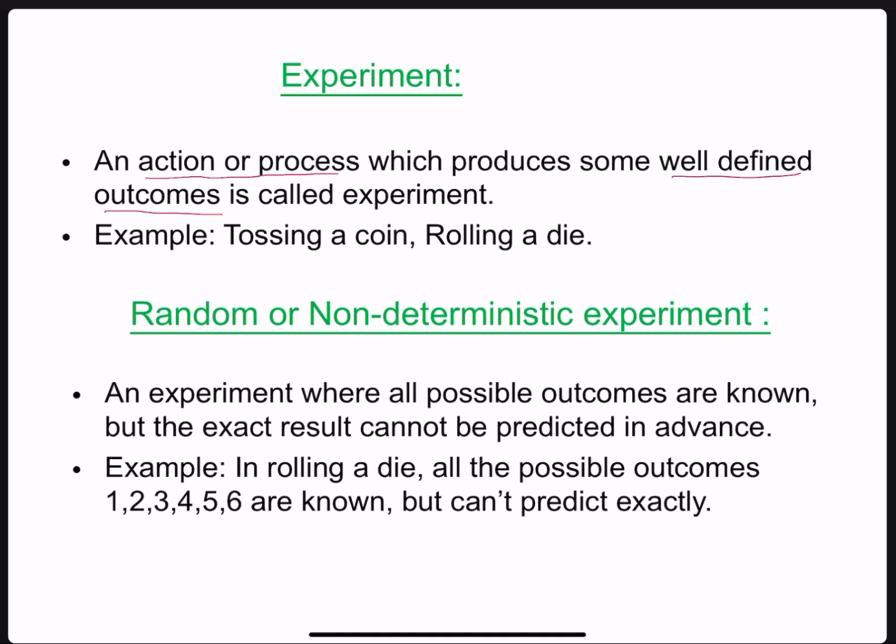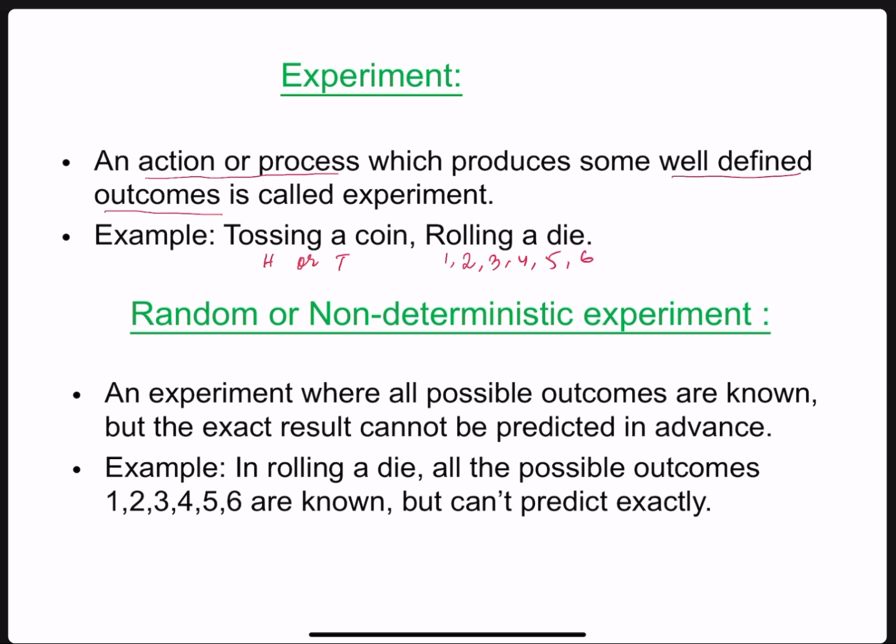When you toss a coin, the possible outcome is just head or tail. This is the experiment. Now when you roll a die, you will get the outcomes 1, 2, 3, 4, 5, and 6. This is what an experiment is about.